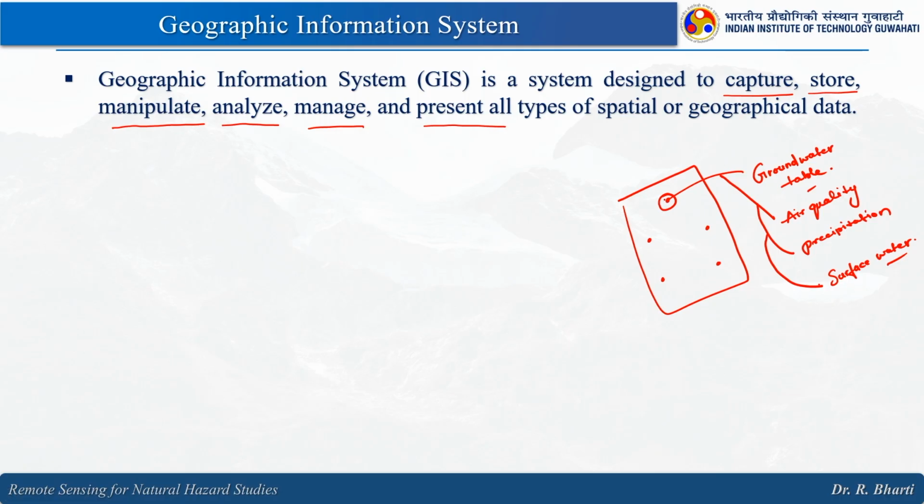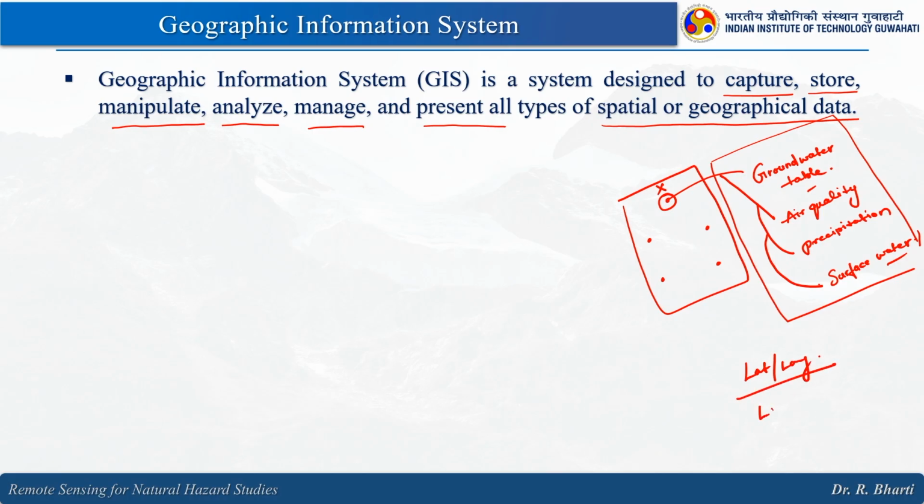So, how system will remember or how you will remember that these parameters are stored for location X, right. So, that is why whenever we talk about the GIS, it has to be spatial or geographic data set.